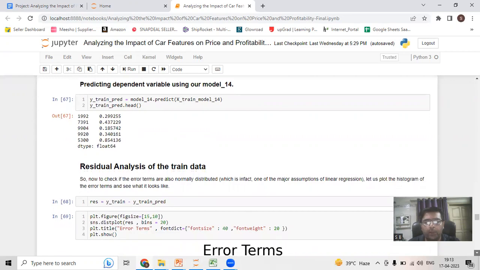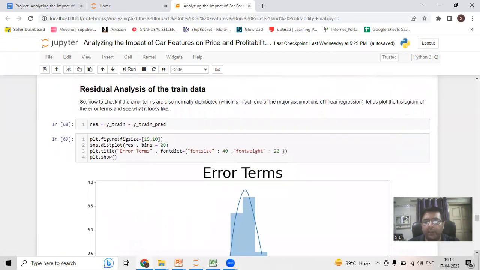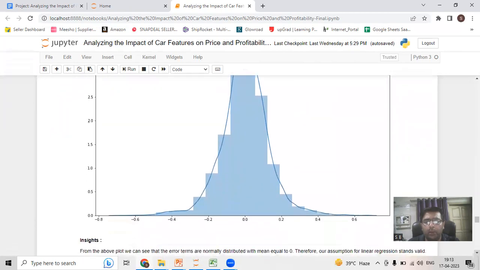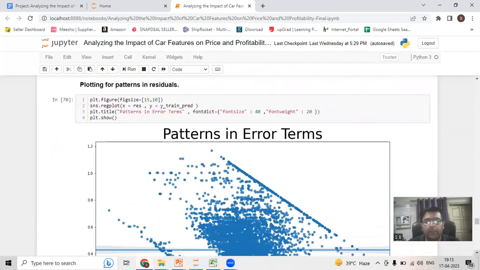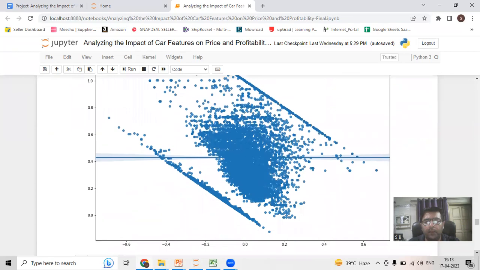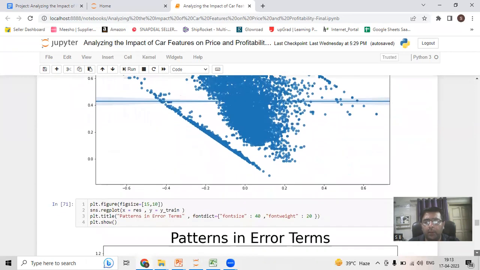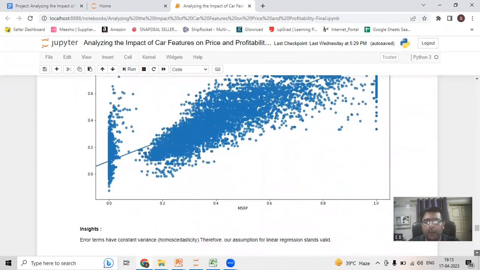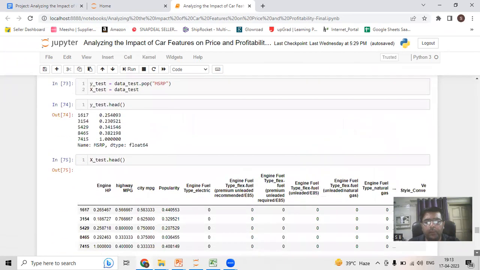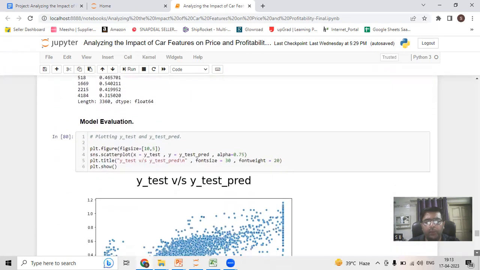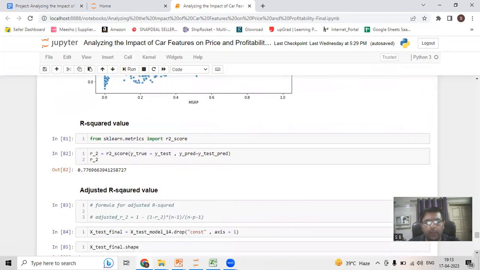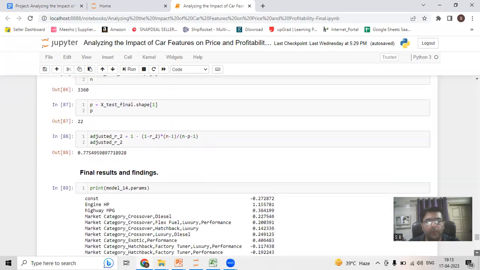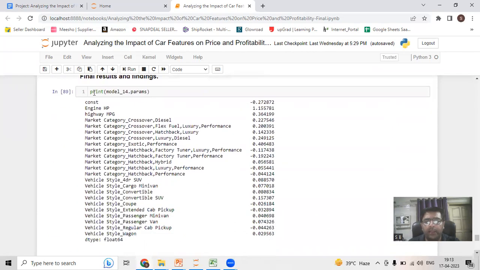Residual analysis was done after creating the model, which also helped us in confirming the assumptions of our linear regression model. Finally, to complete my task, after predicting the values of y, here is the r squared value, and here are the findings of our model.